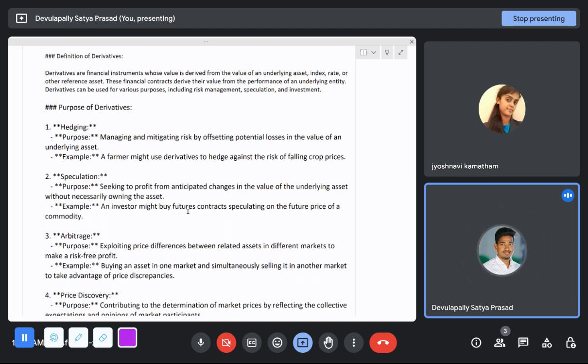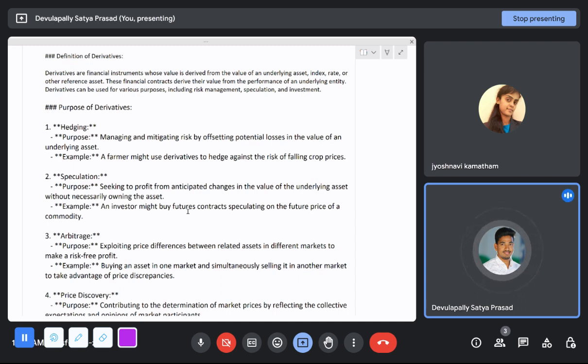So to protect himself, he gets into a contract right now with a trader or a rice mill owner, so that he will sell the rice at a predetermined price at a future date. Then if the prices fall below that price, he will not be affected. That is the main meaning of hedging.